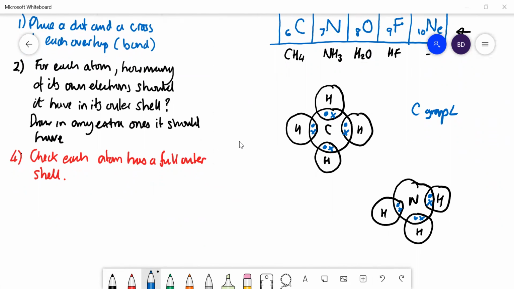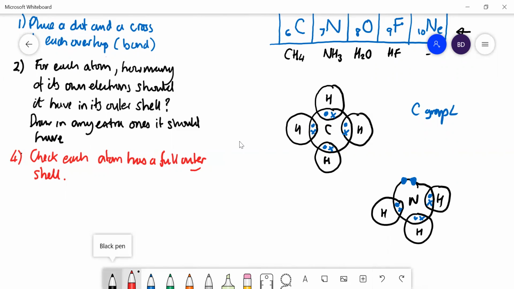Well, nitrogen is in group 5, so it should have 5 electrons. I've only drawn 3 dots, so I've got to draw 2 more. There you go, 1 there, 1 there. Finally, the red step, check each one's got a full outer shell. The nitrogen thinks it's got 1, 2, 3, 4, 5, 6, 7, 8, so it has a full outer shell, and the hydrogens do as well. So that is our correct dot cross diagram for ammonia.